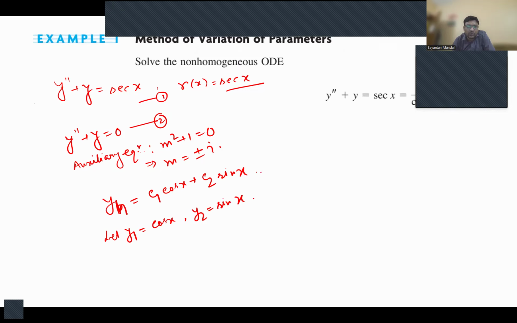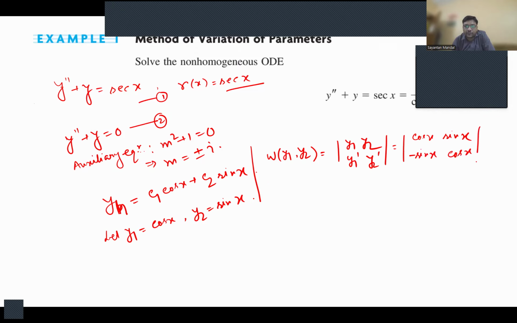So the moment you have y1, y2, find out the Wronskian W of y1, y2. That is the determinant of y1, y2, y1 dash, y2 dash. If you find out this one, cos x, sin x, then minus sin x, cos x, this is equal to cos square x plus sin square x equal to 1, which is non-zero.